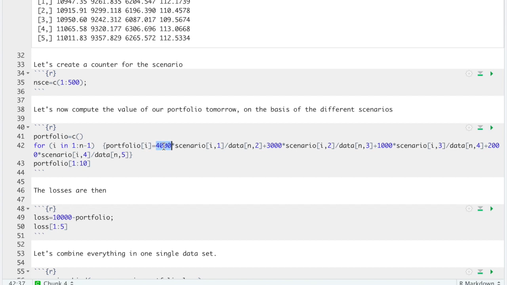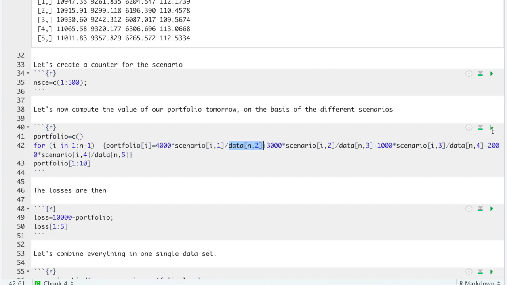So 4 million is 4,000 for us, and we multiply this quantity with respect to the different scenarios, rescaled by the value of today, obviously, because we want to see the daily variations.